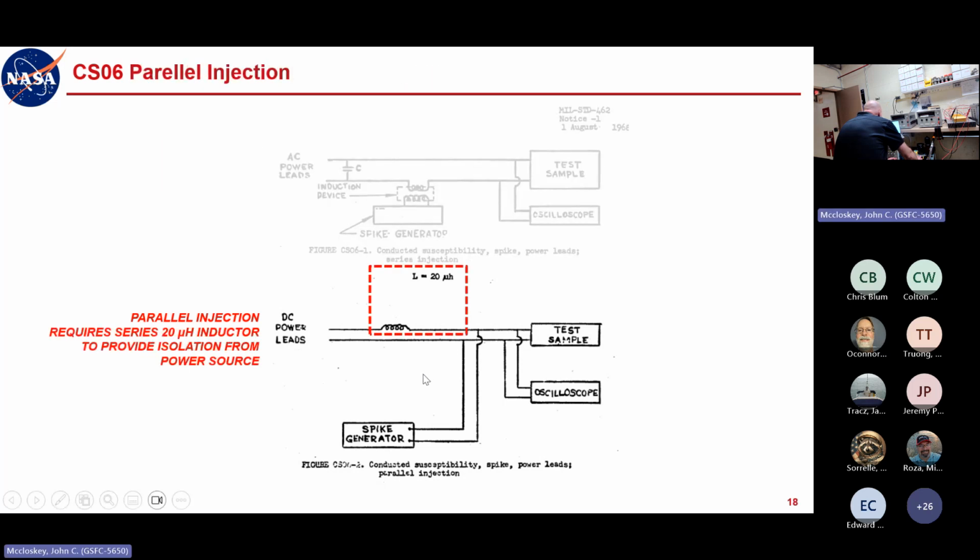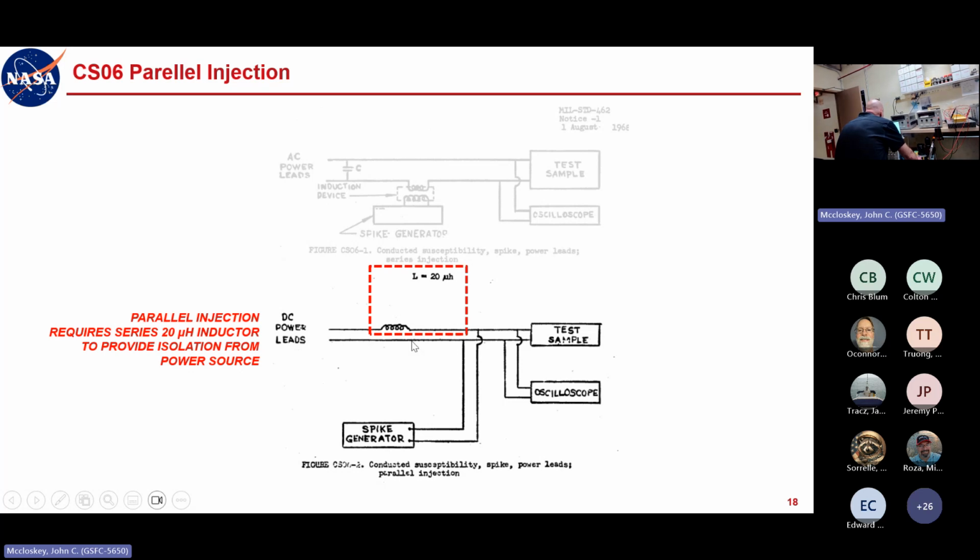If you go with the parallel injection method, which I don't like, but here we are, you need to put in an inductor. This was not in the original version of the Mil Standard, I don't believe; I think it came with one of the later versions of Mil Standard 462. They realized that if you just put your spike generator here without anything in between, whatever capacitance your power source has is going to load down your signal source.